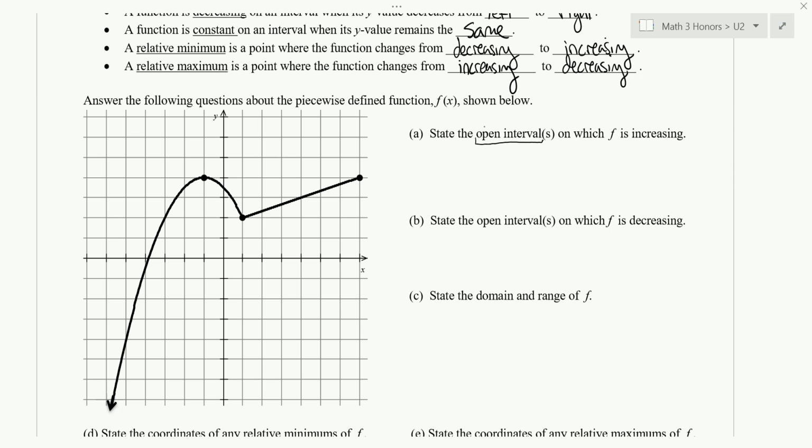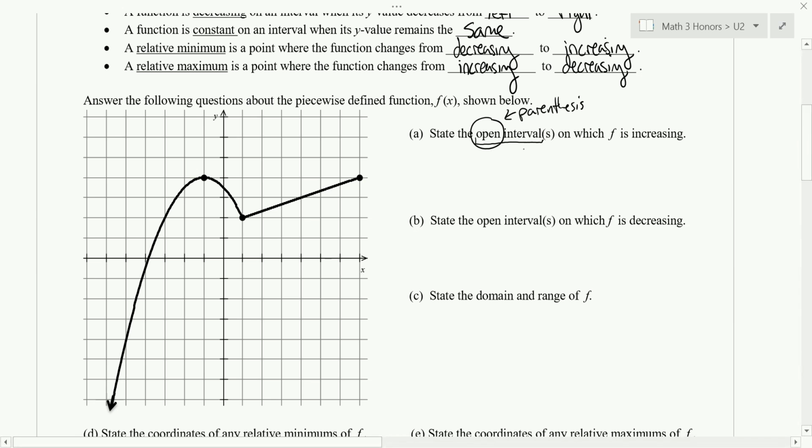And an open interval, open signifies parentheses, where a closed interval would use brackets. Remember, brackets, you have that closed circle. Parentheses, we had the open circle when we were graphing. And so that terminology carries over with open interval or closed interval.